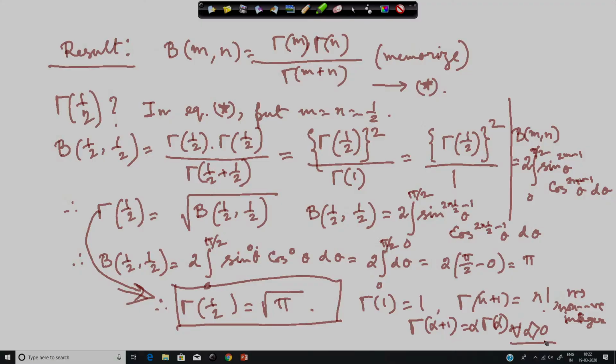Next, let me tell about another theorem which is called the duplication formula.